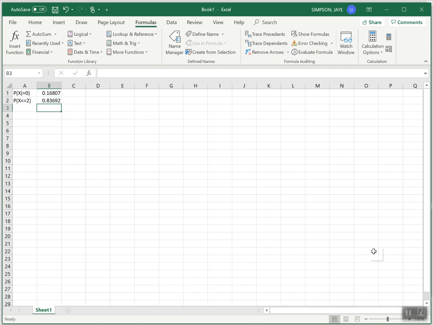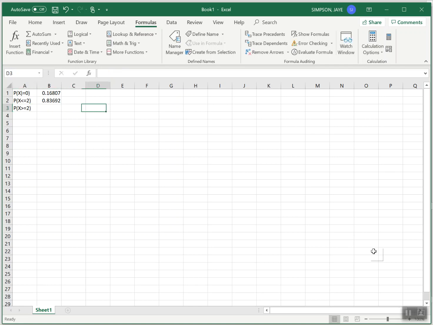So the next question that we were asked is, what is the probability that at least 2 people have a college degree? So this is the probability that X is greater than or equal to 2. So at least 2 or more. Now remember the formula.